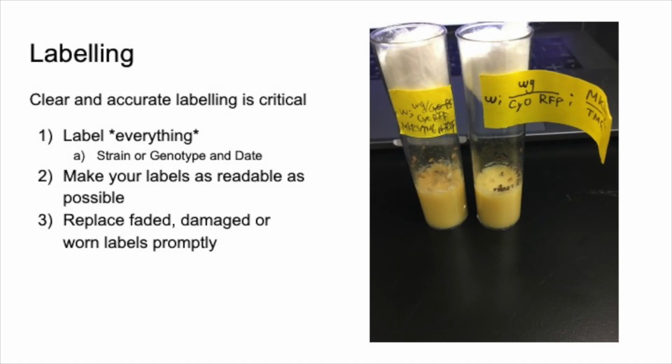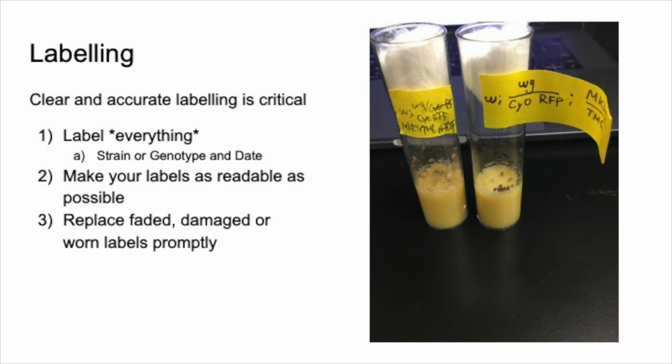Another huge issue is labeling. You want to make sure that everything you work with is labeled, and clear and accurate labeling is critical. It's pretty common for labels to become really messy or involve a lot of shorthand or use symbols that only you can understand. These are all pretty bad practices because it makes it hard for anyone else to use your work.